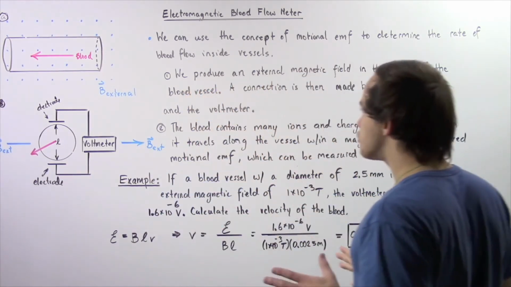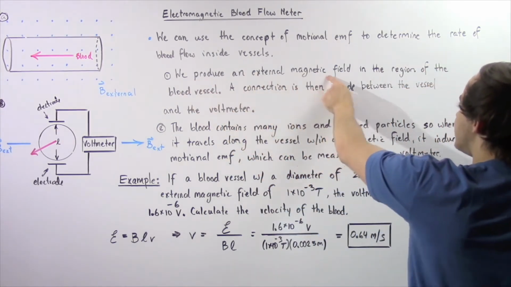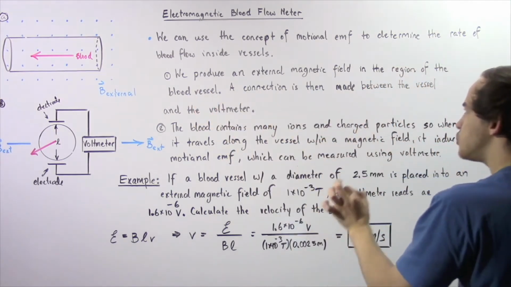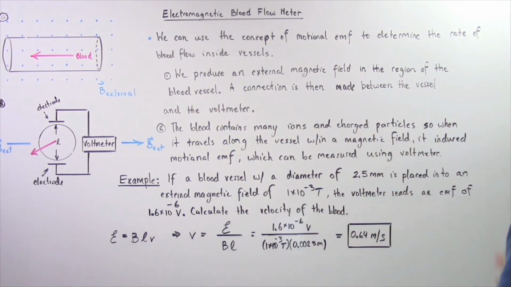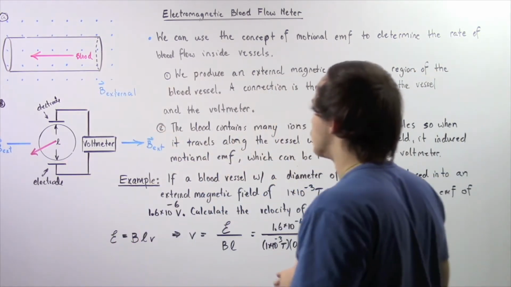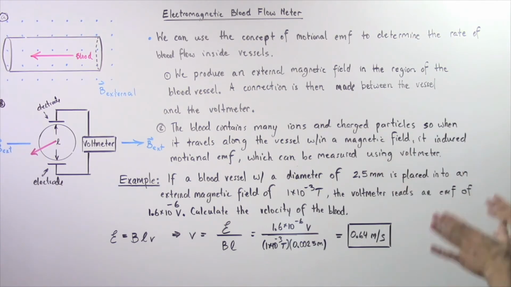We then use that voltage, as we'll see in this example, to calculate the velocity of the blood. So once again, we produce an external magnetic field in the region of our blood vessel. A connection is then made between the blood vessel and the voltmeter using these two electrodes. Now, in step 2, the blood contains many ions and charged particles.